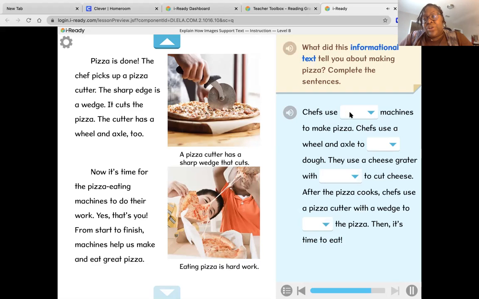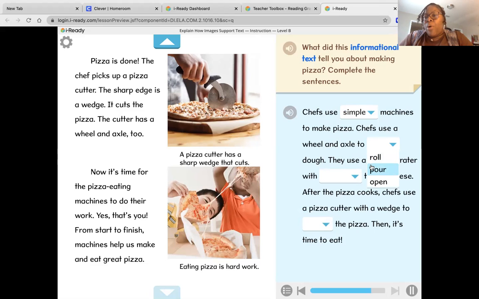A chef uses blank machines to make pizza. Large machines, simple machines, noisy machines. The title of this text talks about simple machines. A chef uses a wheel and an axle to blank dough.